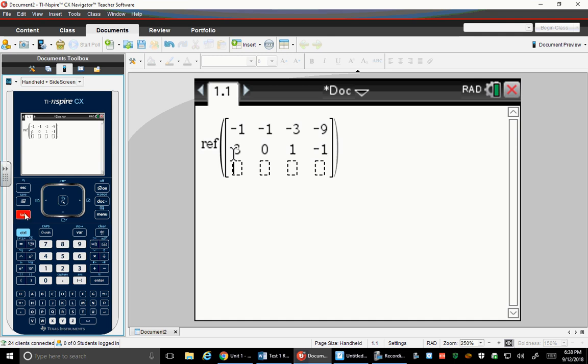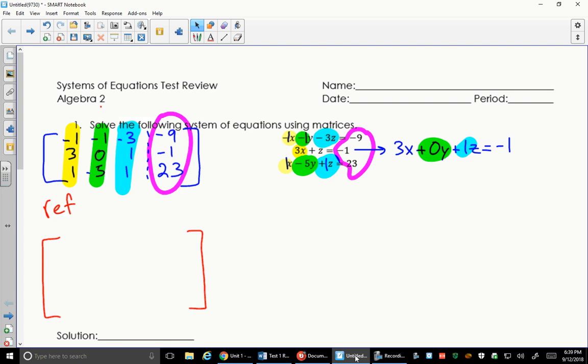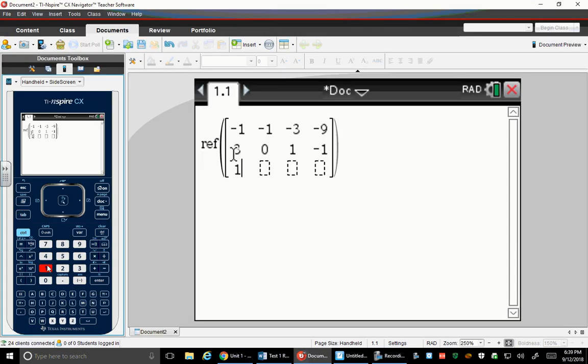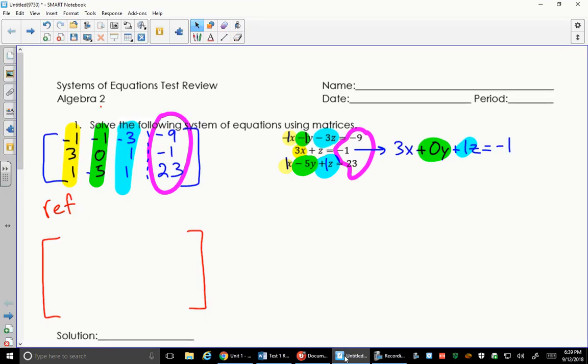Tab makes it really easy to move between these cells. That's what they're called. Last one, 1, -5, 1, and 23. Whoops, I forgot what it was. Okay.